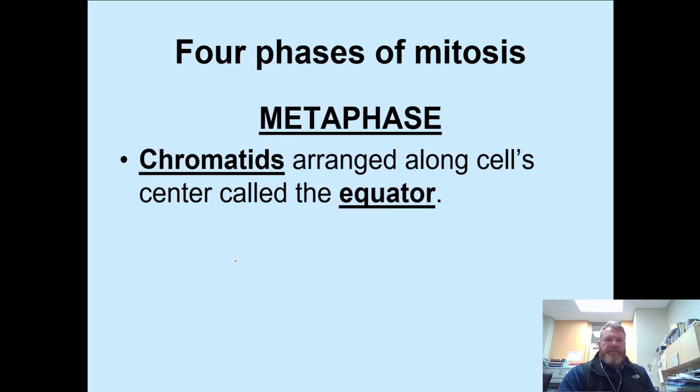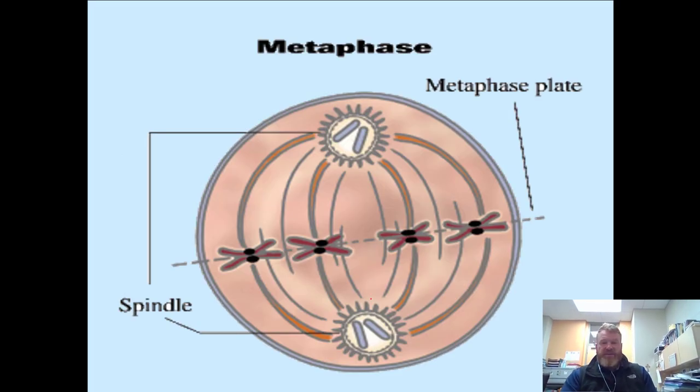All right, next, metaphase. Meta means middle. So what we're going to do is our chromatids are going to arrange along the equator, or the midpoint of the cell. That's really about it for this one. The centrioles shot out the spindle fibers, and they grabbed hold of the X. Let's say one X right there, one X right there, one X right there.